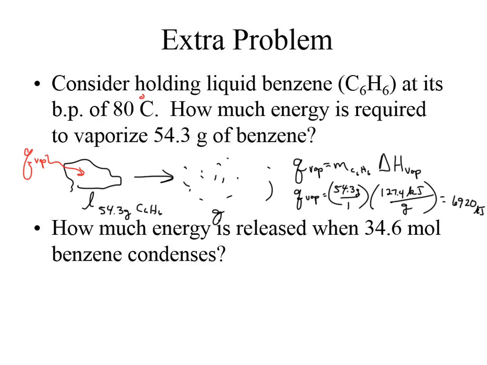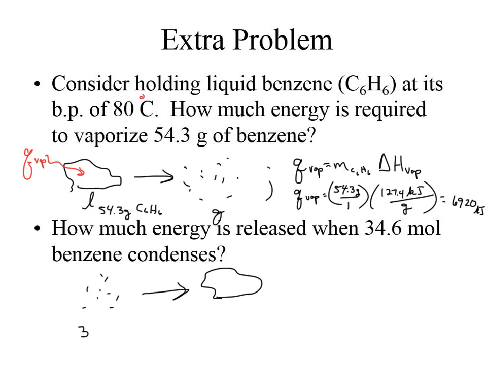All right. So then I picked this one. It's benzene, and it says how much energy is released. So we should be starting to think, our Q is going to be negative, right? In this case, it's gas, and we're going to form liquid. It's condensing, so energy is going to be released.